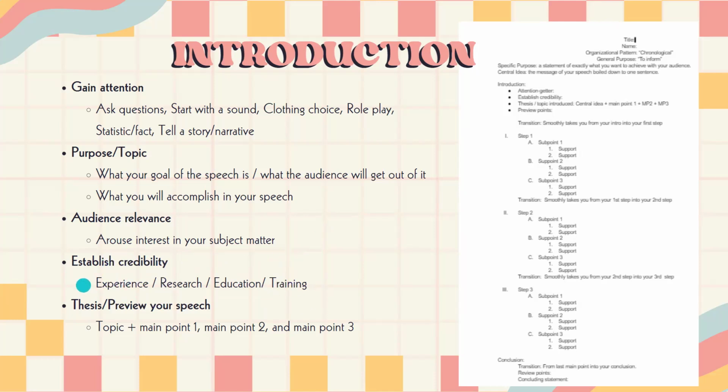I would say, I am credible to teach you about this dance move because I have extensive dance training in jazz, tap, contemporary, drill, and pom for six years of my life, and I've had multiple dance classes over the years. Why are you credible to talk about this topic? Tell your audience.